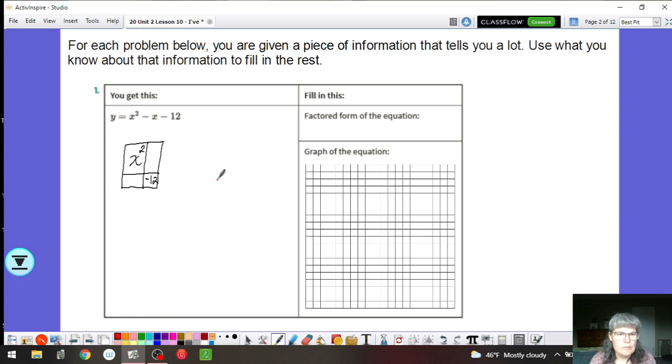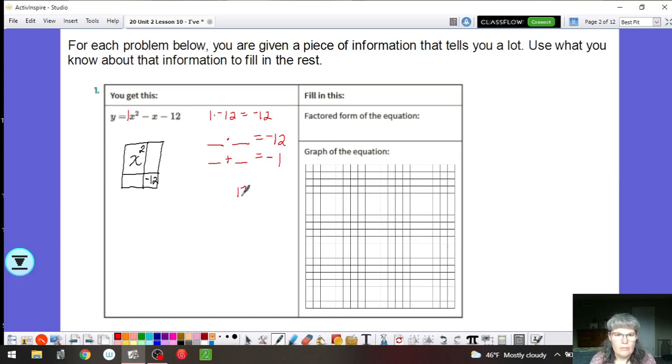To use the most recent method we've been using for factoring, remember we've been multiplying 1 times negative 12, which equals negative 12. So we are going to be looking for values that multiply to equal negative 12, but that add to equal the b value, the middle term of negative 1.